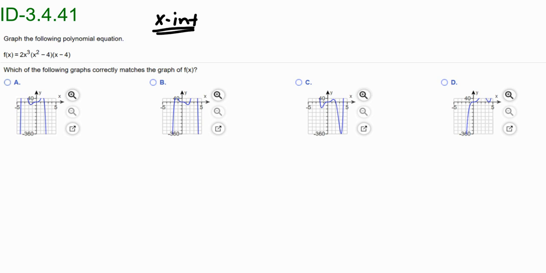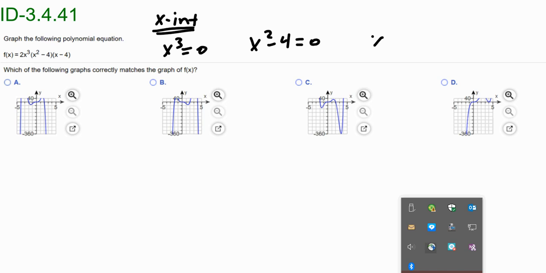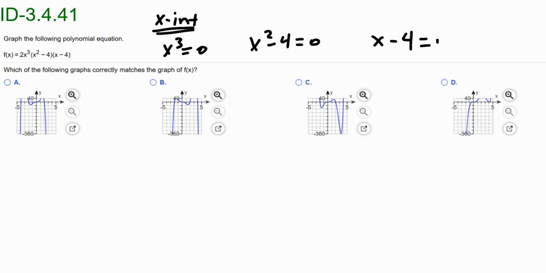So those would be wherever x cubed equals 0, and whenever x squared minus 4 equals 0, and whenever x minus 4 equals 0. Okay, this could be written as x times x times x equals 0, which would make all three x's 0.